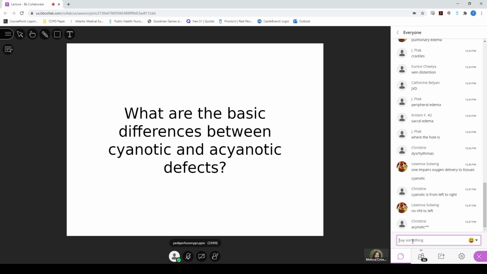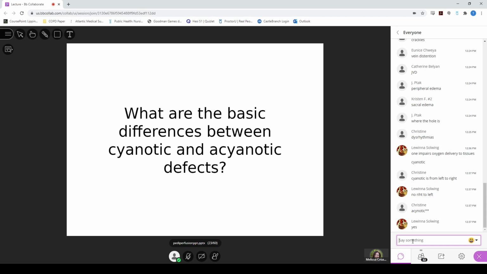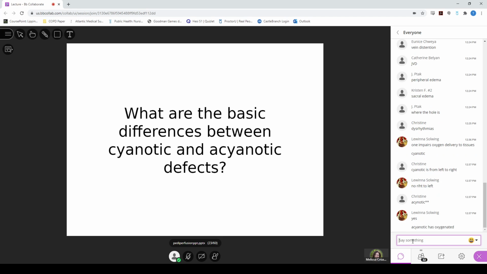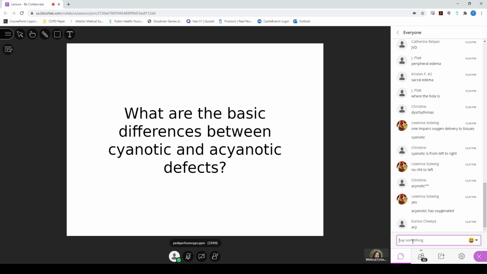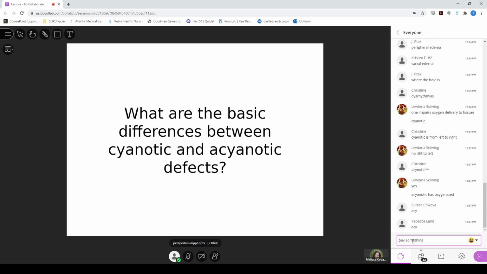Does that make sense? So one of them has impaired circulation, but the blood's not oxygenated. And the other one has impaired circulation, but the blood's oxygenated. Which one has oxygenated blood? Acyanotic, that's right. And cyanotic has unoxygenated blood.